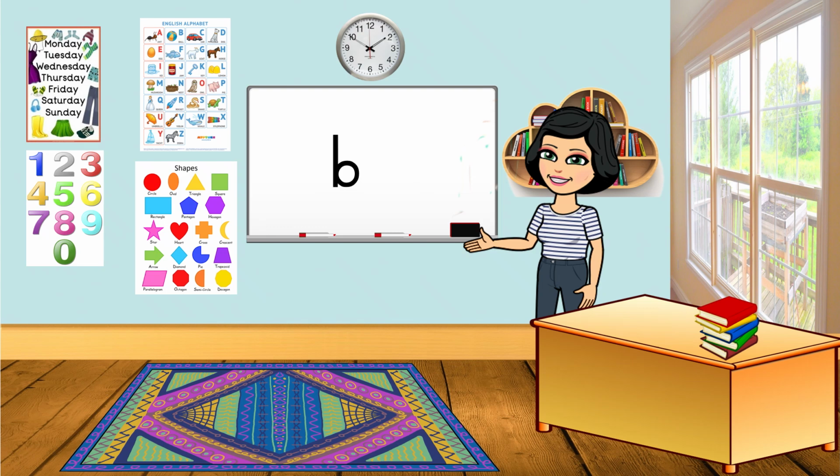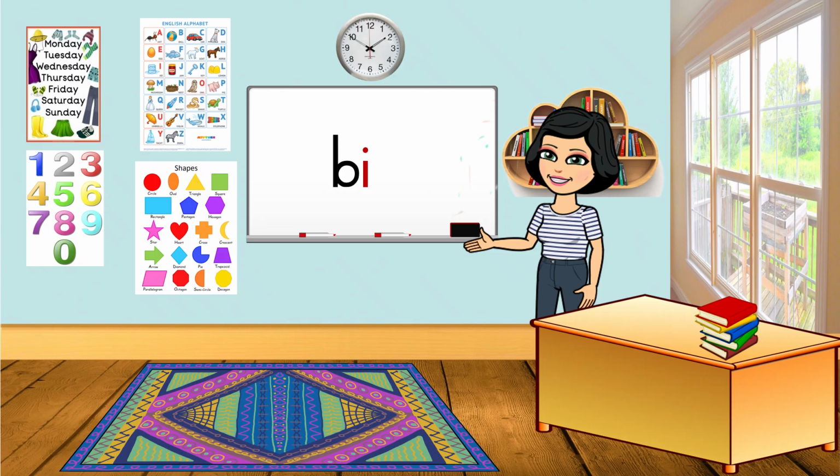We are now going to change the sound. I want you to take away the E and find the sound I and put it in front of the B. B plus I says bi.